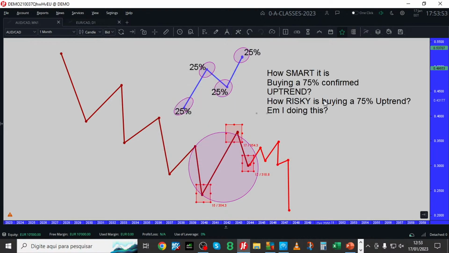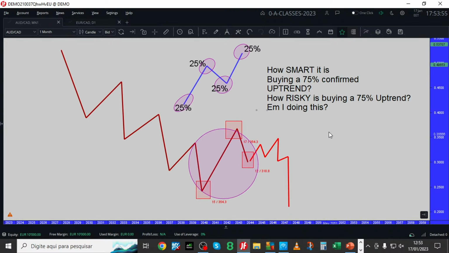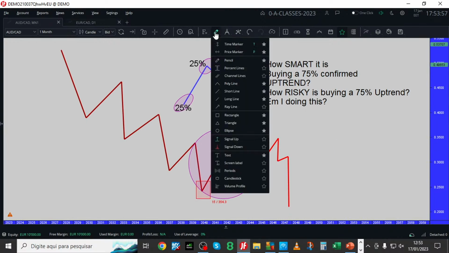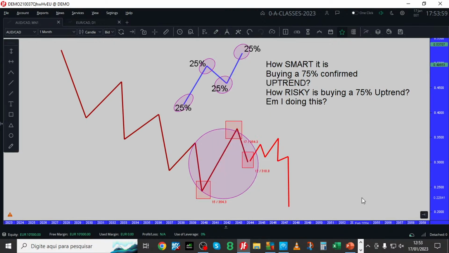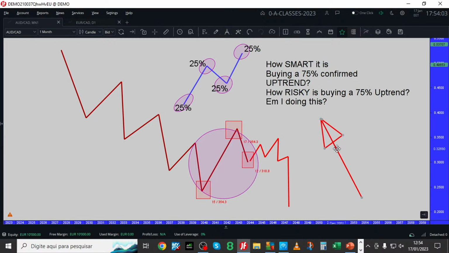Some of you are with me for 2 years, 3 years, 5 years. Ask yourself: am I buying and selling patterns that are not confirmed? Am I going long on an uptrend when it's not confirmed?